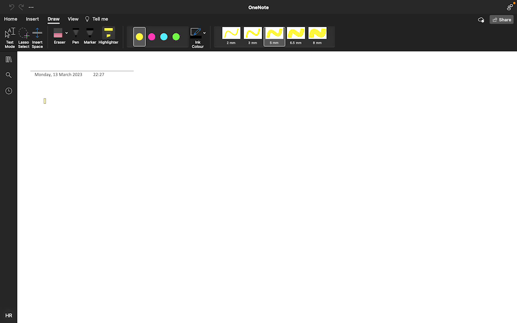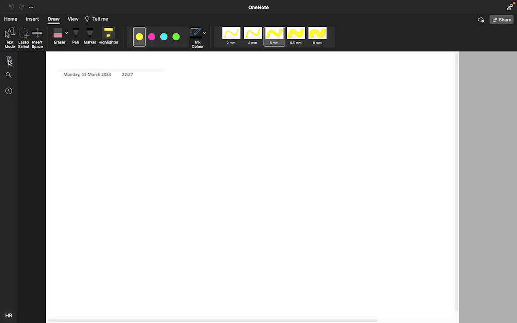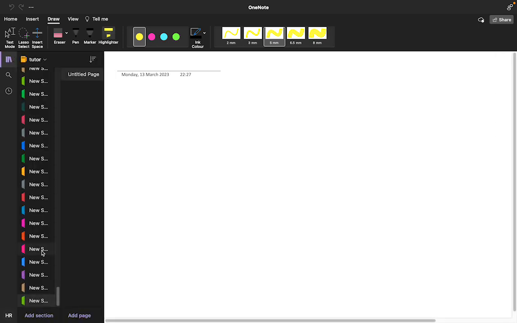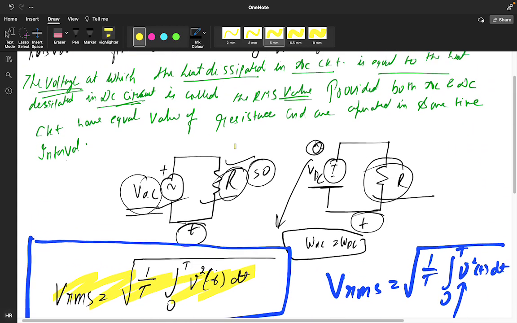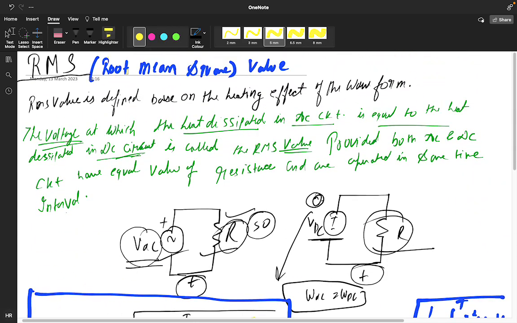So mug up these definitions. It's very important. Can you show the previous slide once again? Yeah, this is the RMS value, root mean square value. RMS value is defined based on the heating effect of the waveform.